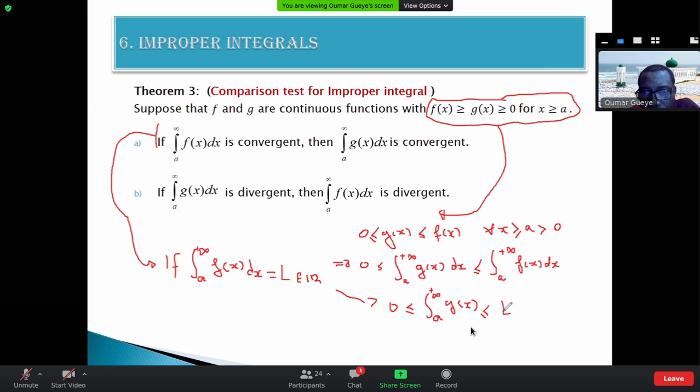Because it's between two numbers, this integral is equal to a number, and in this case the integral is convergent, because convergent means the integral equals a real number. That's the meaning of the first result here.